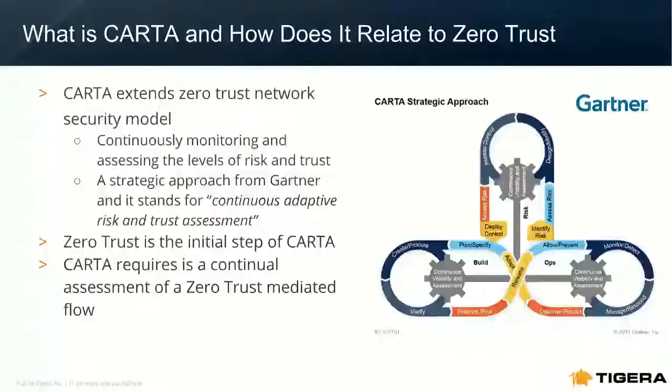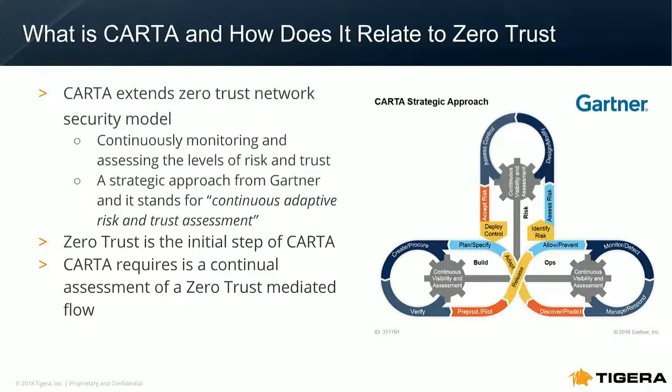So what we're going to talk about today is start a series on Gartner's CARTA model and how that relates to zero trust and what we're doing here at Tigera. Whether or not you believe in Gartner's, well, first of all, what is the CARTA model?